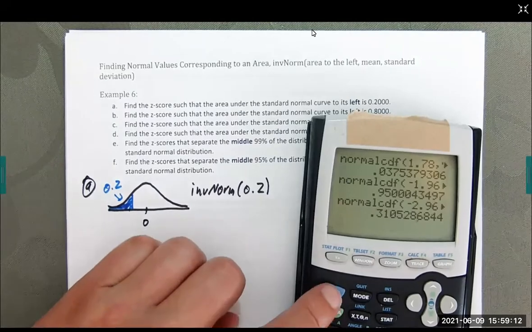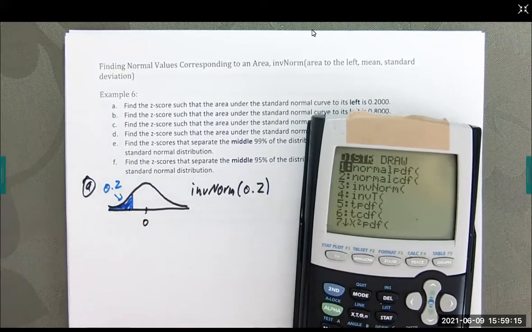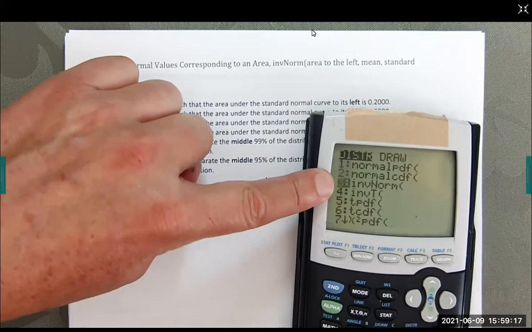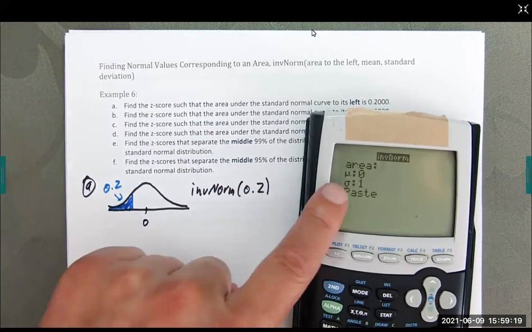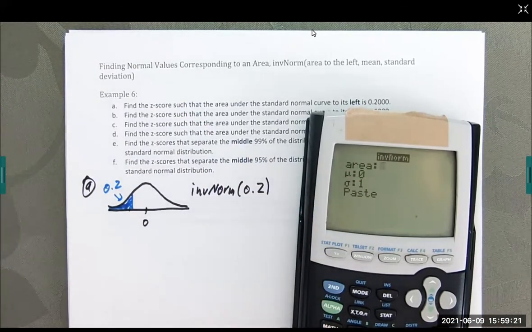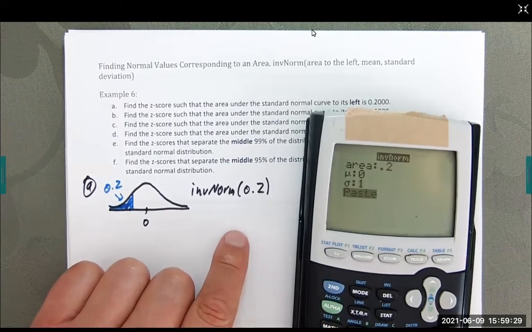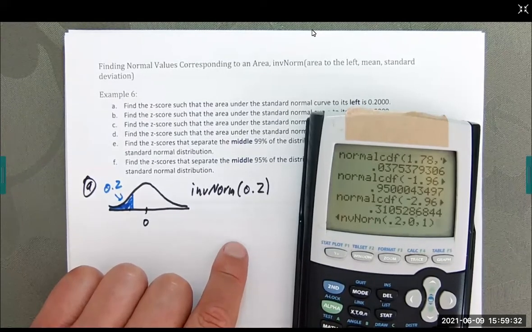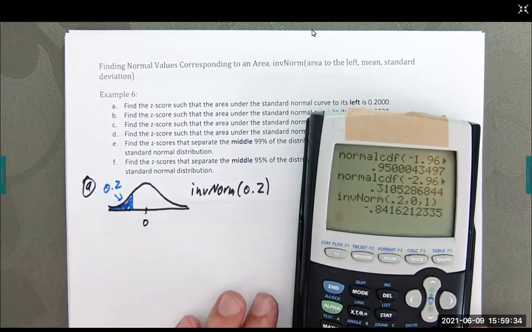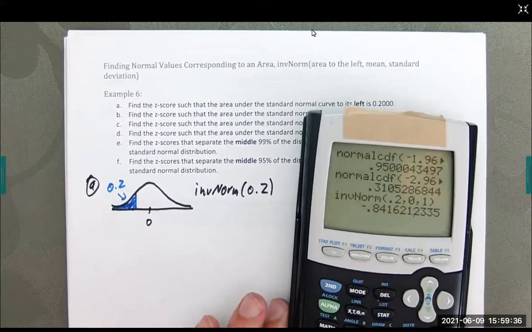So now I'm going to go to distribution again. And inverse norm is right there. Area now, again, it should say area to the left. Some of the calculators, you can change that, some of the newer ones, but I'm going to go as though we can't. Here we go. And notice it's a negative Z value, which is expected, right?